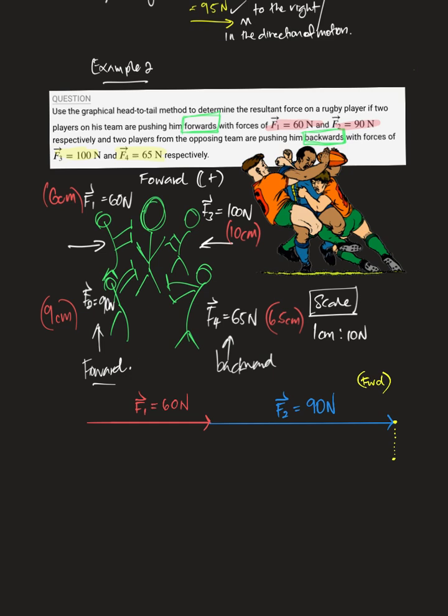So 1, 2, 3, 4, 5, 6, 7, 8, 9, and just a bit more. 10. So I've done 10 now. You see that? And I put an arrowhead there. So this is F3, which is 100 newtons.